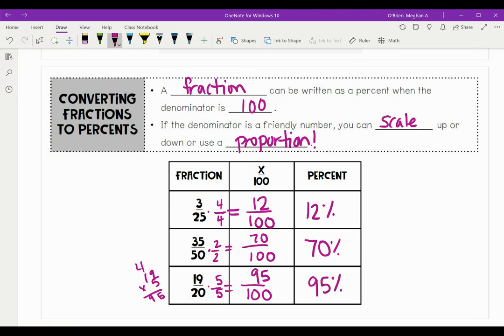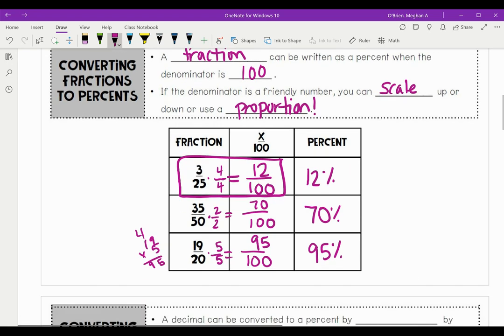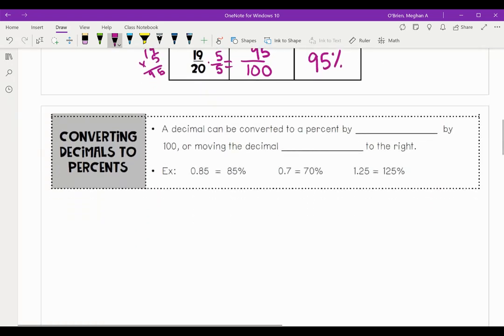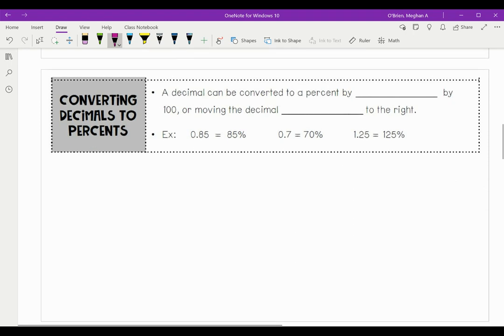Okay, so I want to just point out we can use proportions with fractions, right, to help us figure out the percent, which is what it is out of 100. Converting decimals to percents. A decimal can be converted to a percent by multiplying by 100. And when we multiply by 100, we notice that the decimal moves 2 places to the right.